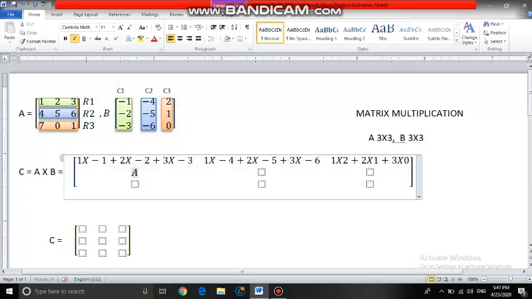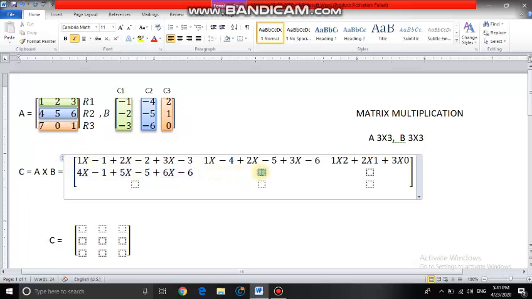Now say 4 multiplied by -1 plus 5 multiplied by -5 and plus 6 multiplied by -6. Be careful with the sign, plus or minus.